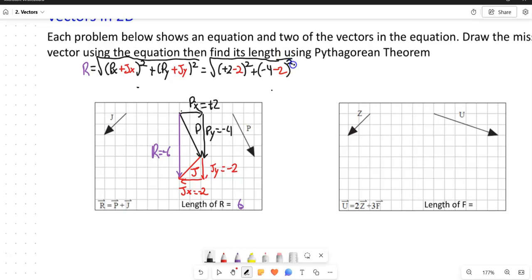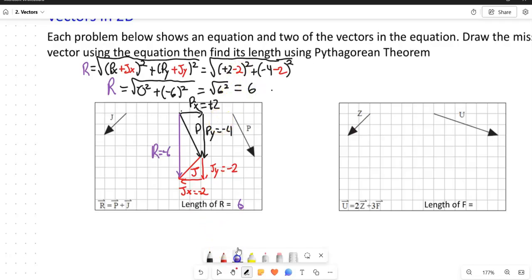really the negatives. So what we're going to end up with is r is going to be equal to the square root of 0 squared plus a negative 6 squared, which is going to be equal to the square root of 6 squared, which is just 6.